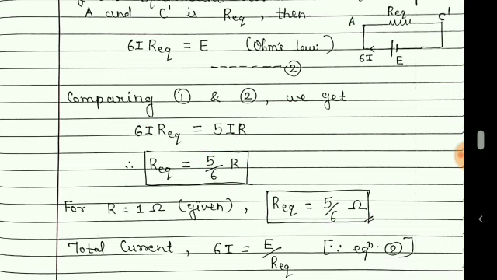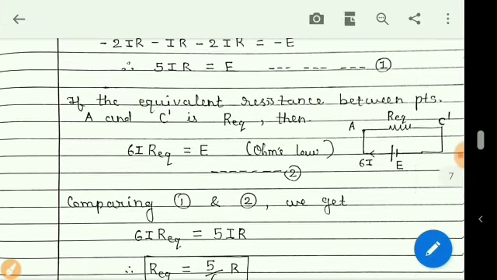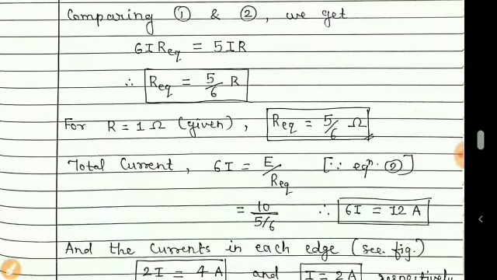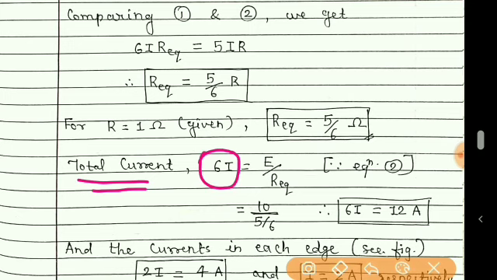But now, what is the current from the battery? The current from the battery is taken 6I, and so the current flowing from the battery, that is total current, 6I is equal to epsilon or E, which is EMF of the battery, upon total resistance.